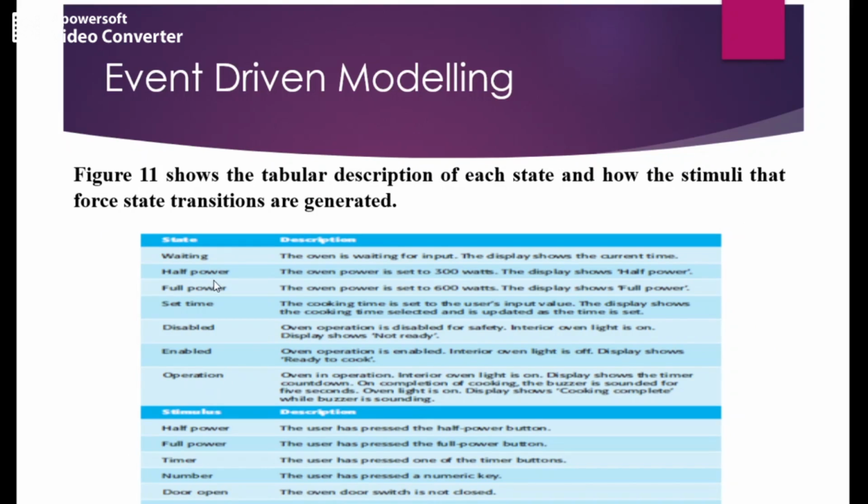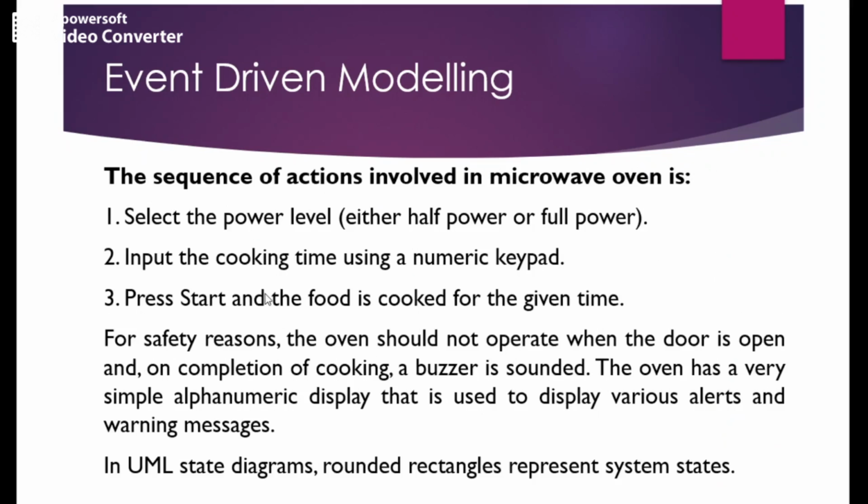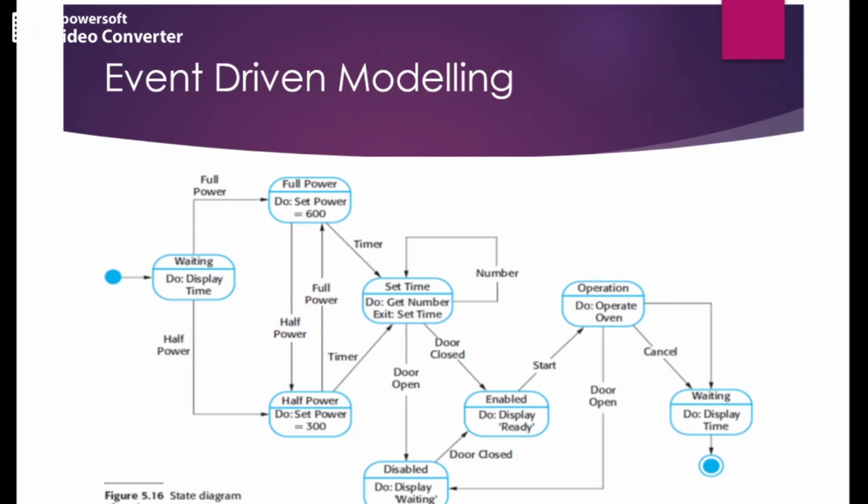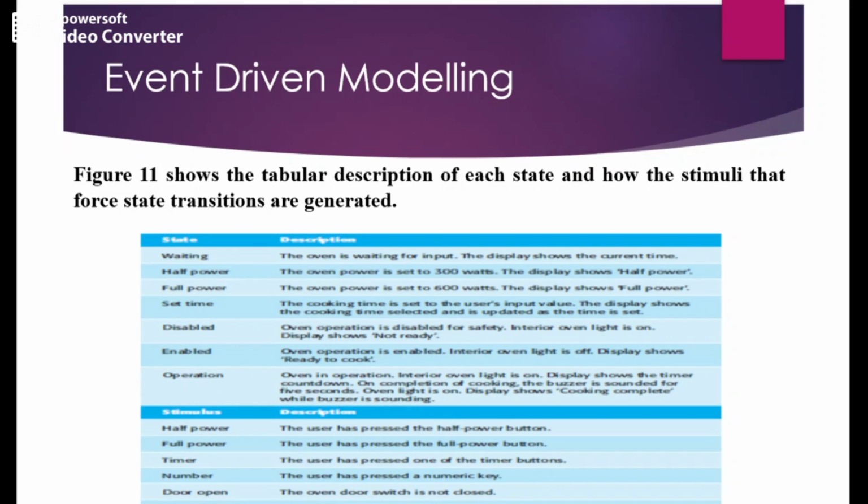Half power, next state. The oven power is set to 300 watts. The display shows half power. Full power: the oven power is set to how much? 600 watts, and the display shows full power. Now set time.